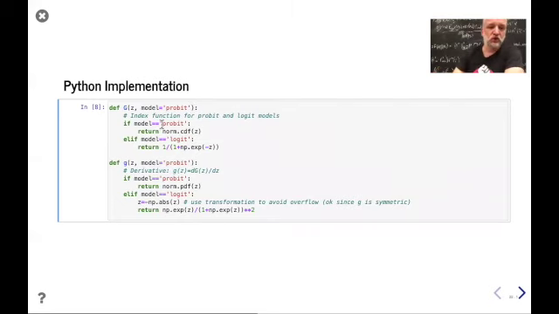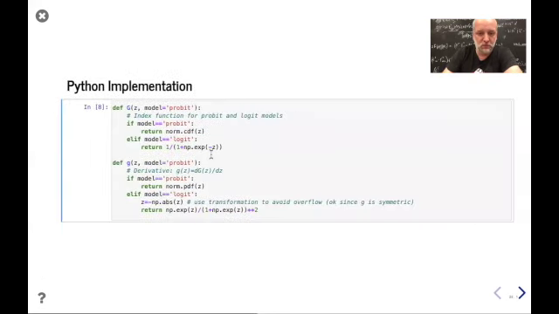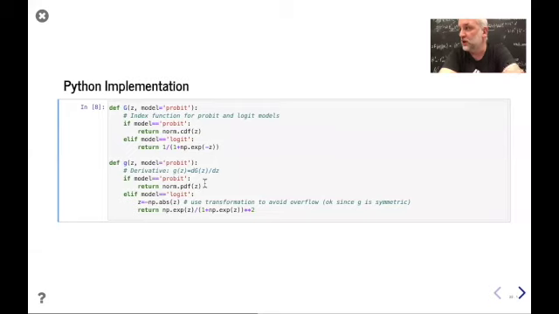If you do the Probit model, you get the CDF of the standard normal. If you do the logit model, you get the CDF of the standard logistic distribution. Likewise for the corresponding densities, you get the PDF of the standard normal. We could also have just typed in this expression here, but Python has a built-in function that does that.